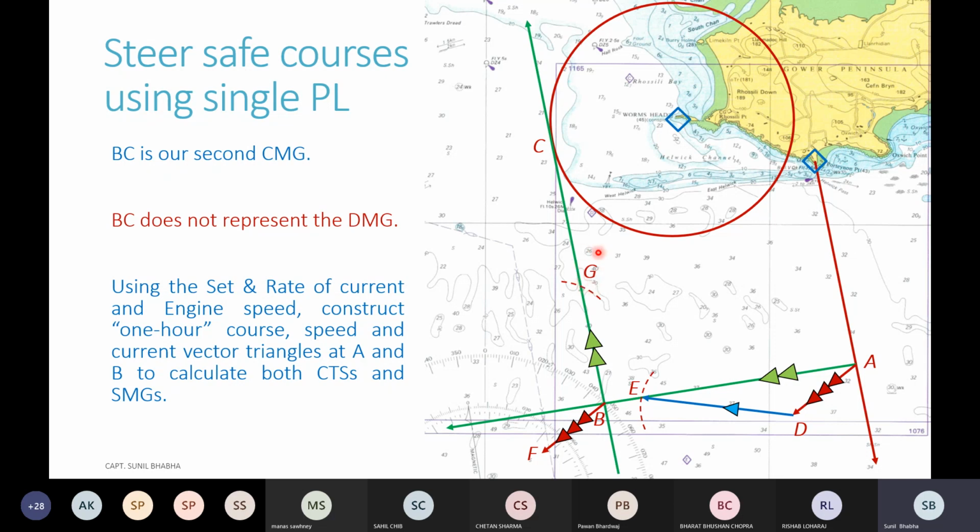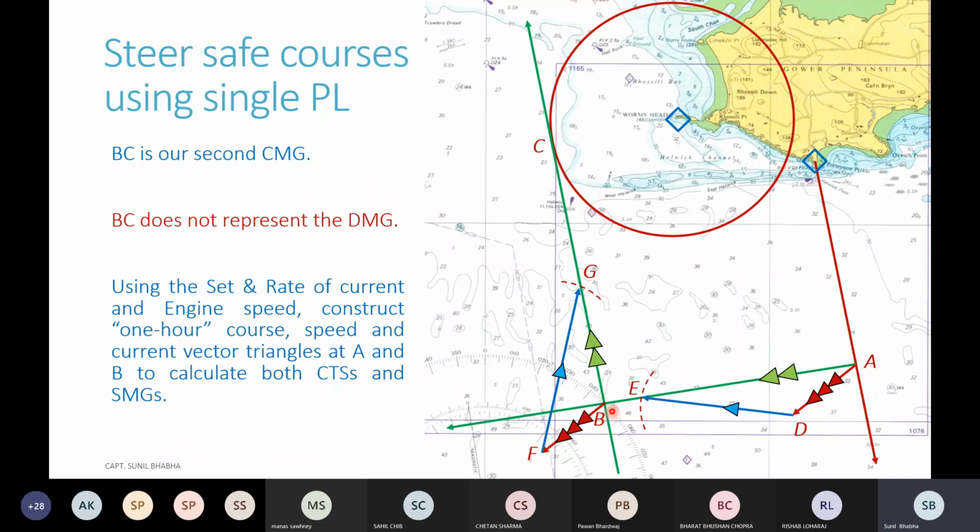Let's name that point as G. Now I join FG with a blue color line. This blue color vector FG represents our second course to steer. I have marked it with a single arrow, course to steer marked with single arrow.